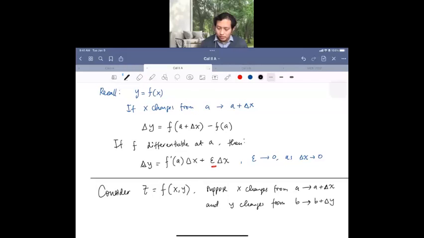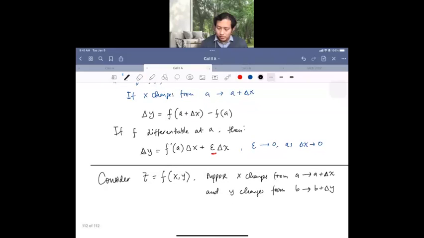We consider these two changes because it is two variables. Now we can define the difference in z, or the increment of z, as delta z, and this will be equal to f(a plus delta x, b plus delta y) minus f(a, b).